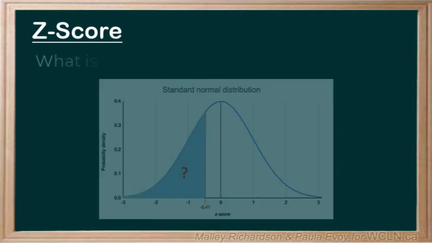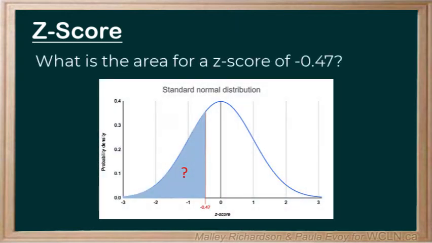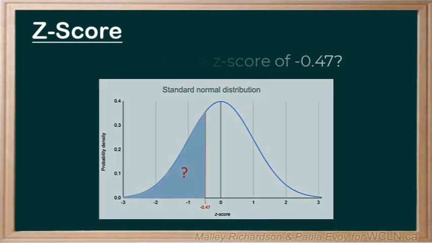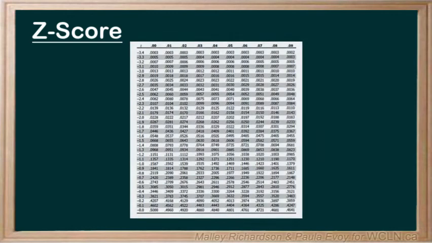Let's have a look at another example. What is the area for a z-score of negative 0.47? The z-score is negative, so we go to the negative table. The first two digits of the z-score are negative 0.4. So we find negative 0.4 in the first column. The third digit is 0.07.